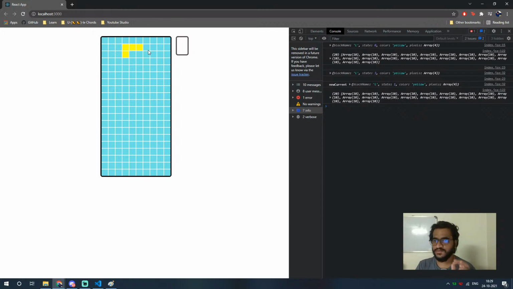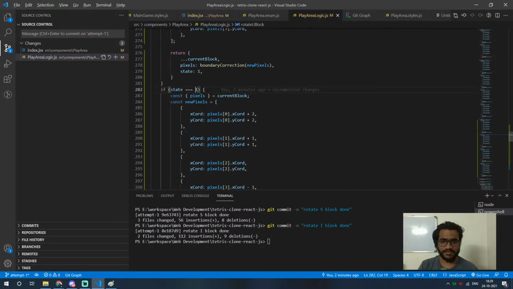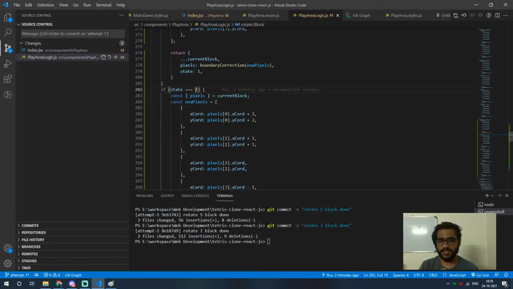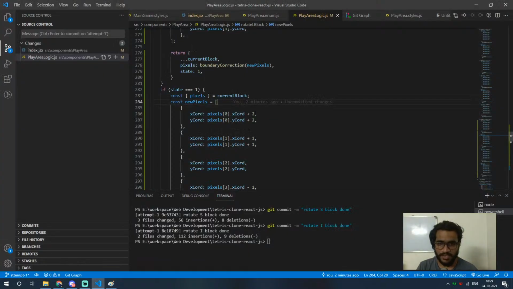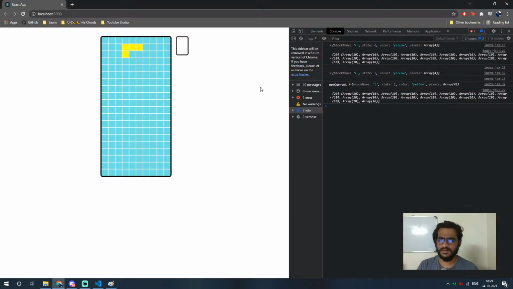From 0 to 1 it's working fine. Now the state 1 to 2 transition. X would decrease by 1 and Y would increase by 1 for the first pixel, right?